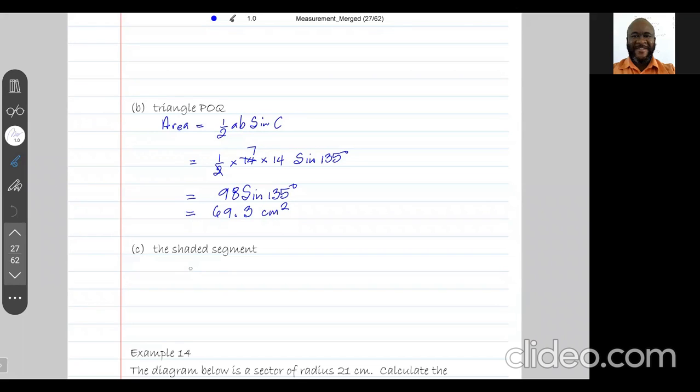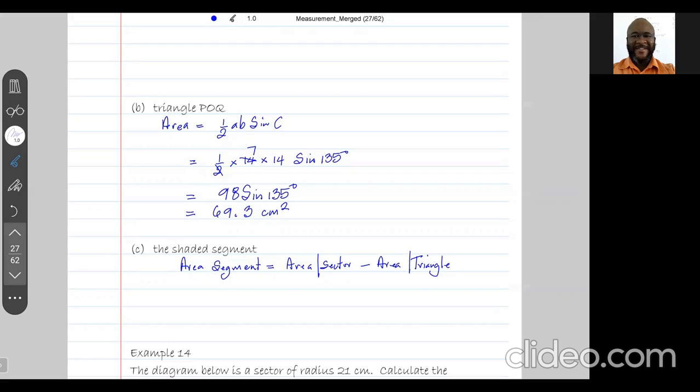Now, the area of the shaded segment is equal to, so the area of the segment is equal to the area of the sector minus the area of the triangle. So the sector is 1 part segment and 1 part triangle.